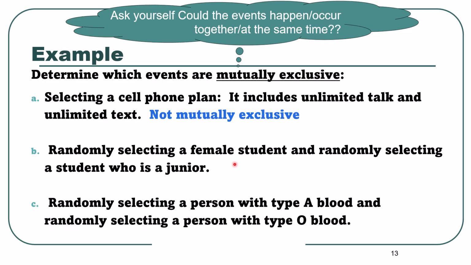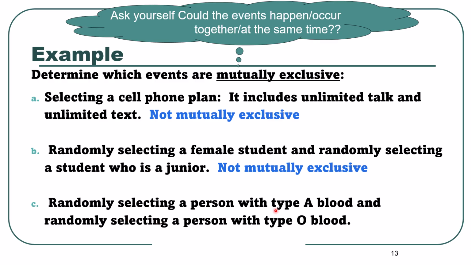Randomly selecting a female student and randomly selecting a student who is a junior. So female student is the first event, and the second one is a student who is a junior. Could these happen together? Yes, because a female student could be a junior, so these are not mutually exclusive.